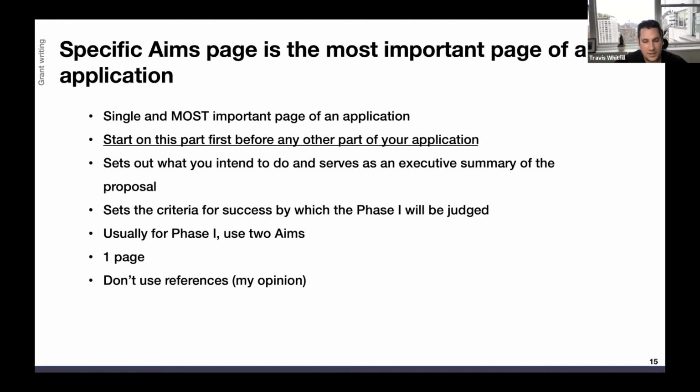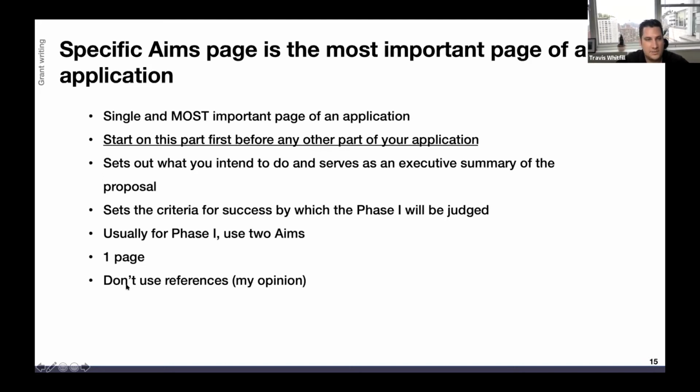It tells the reviewers exactly what you aim to do and gives a summary of your project. This is the very first thing I start on of any grant proposal that I write, because if you can't hone in on the aims, what you want to achieve, and what your hypotheses are, then it doesn't matter what the rest of your application is.